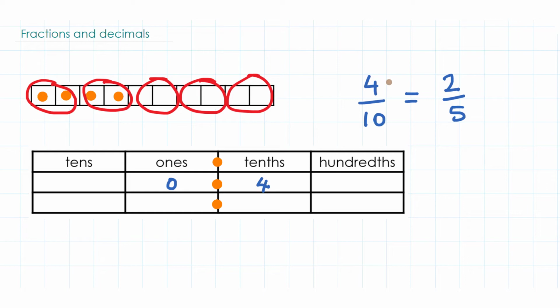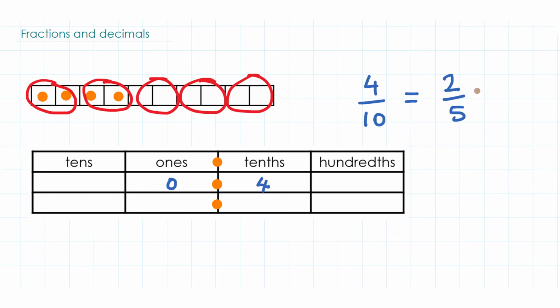Another way to do it is to compare the numerator and the denominator and think, is there a number that divides exactly into both of those? Is there a common factor? Ideally, can you find the highest common factor? So what factor is there of 4 and 10? What divides into 4 and 10? Well, 2 does. So 4 divided by 2 is 2. 10 divided by 2 is 5. So we get 2/5.